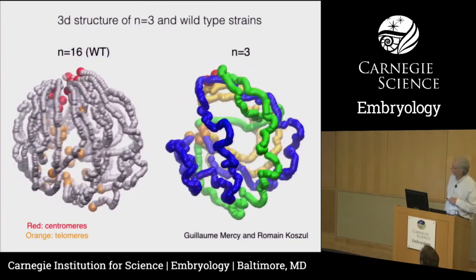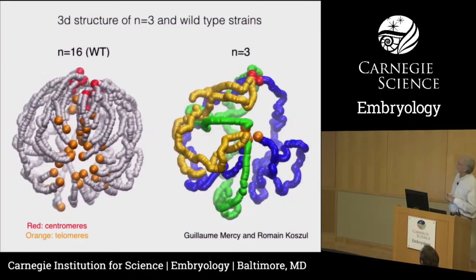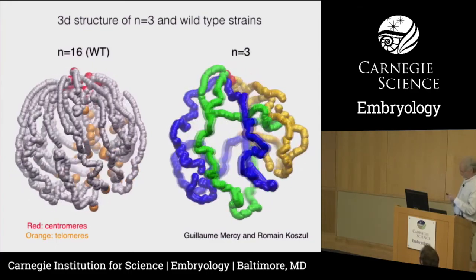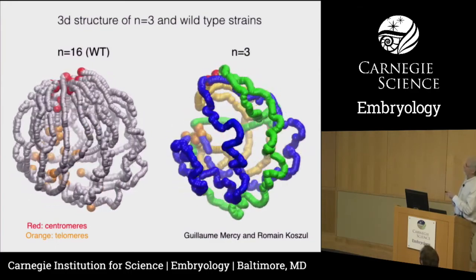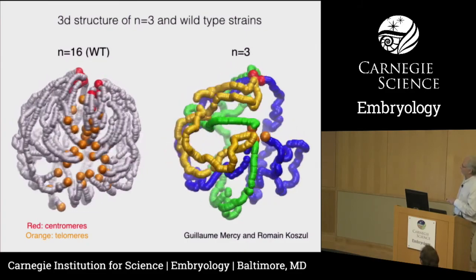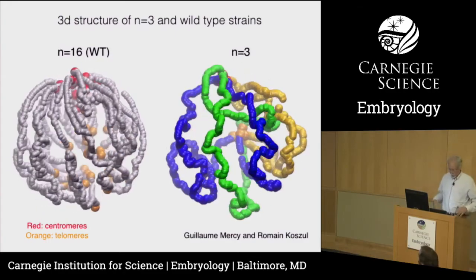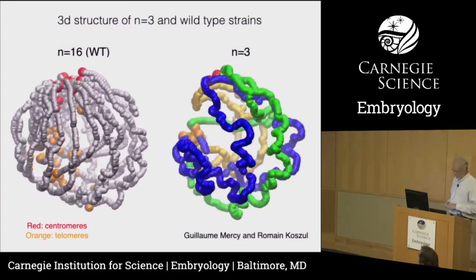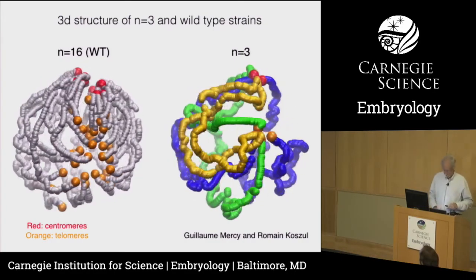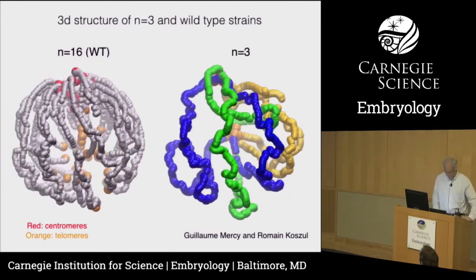In the N=3, it's a really gnarly looking structure that's wiggling back and forth a lot, and the centromeres seem to be held together much more tightly than in the N=16, and the telomeres are also forming one tight cluster. So we're very excited about this, and we're thinking about all kinds of cool experiments to do with this, so I couldn't resist showing you that.